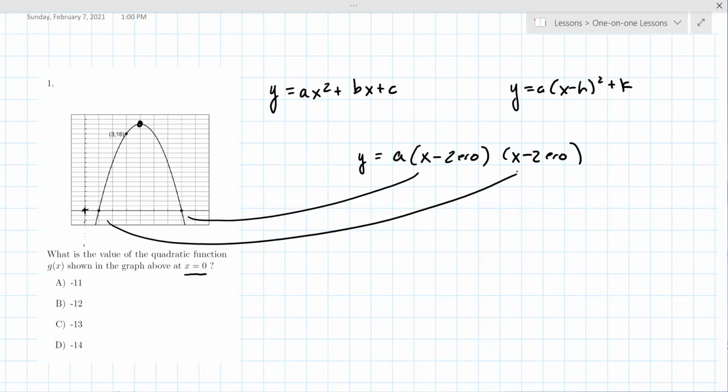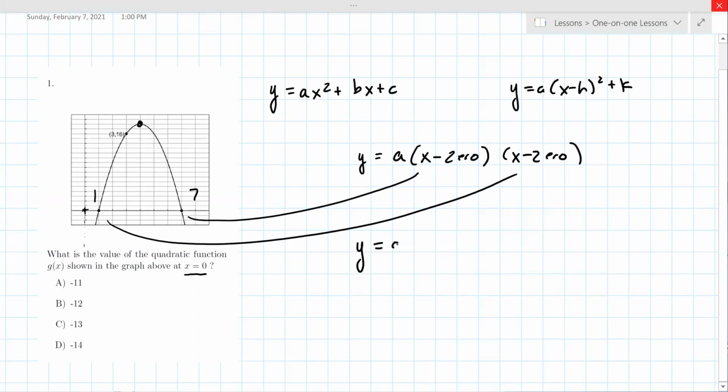I guess I could look at the solution here, which I haven't looked at in a while, but I think this one focuses on using the intercept form of the quadratic equation. Anyway, the zeros are at 1 and 7.